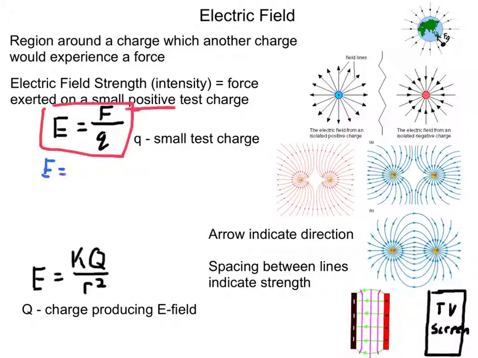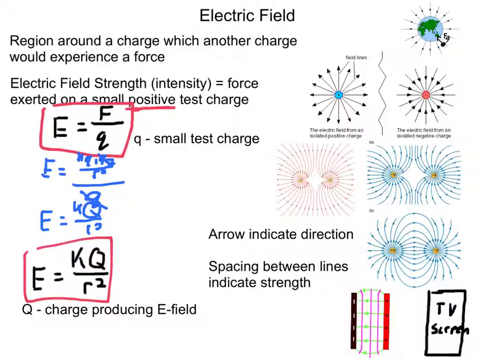E equals, now I'm going to substitute in k Q1 Q2 over r squared, all divided by q. And so one of my q's here is going to cancel out, leaving me E equals k, right? So if Q2 was my test charge, k, Q, or the one producing the electric field, over r squared, which gives me this bottom equation here.